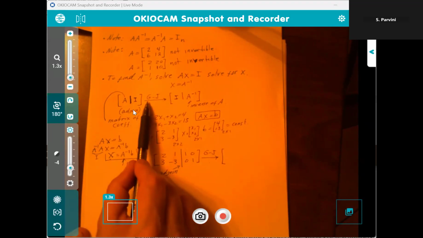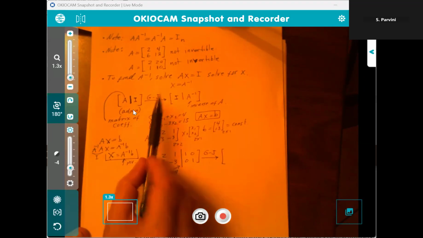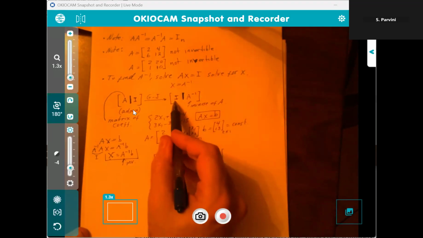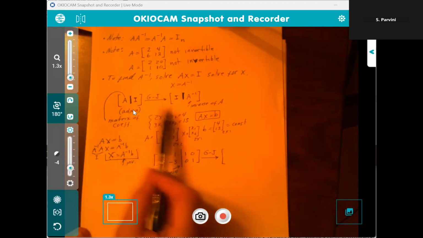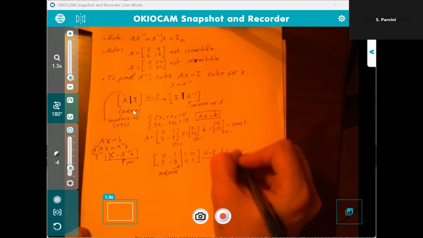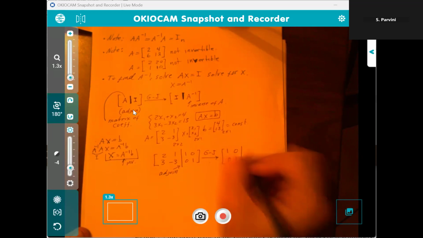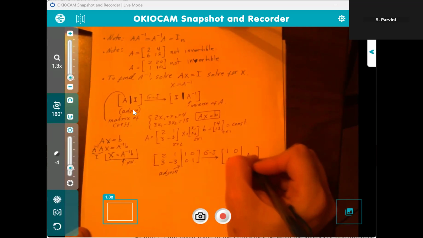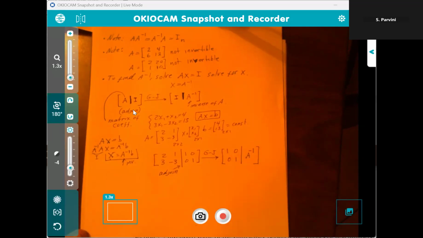But the theory says, once you go through Gauss-Jordan, the left side is going to look like the identity, folks. And the right side, right now, I don't know what it looks like. I'm just going to call it A inverse. This is what we're shooting for, what we're trying to find.